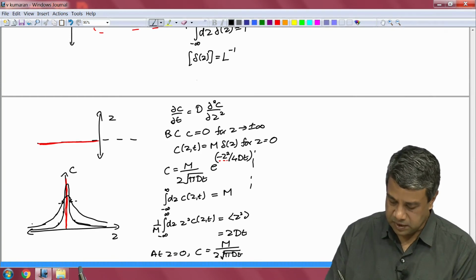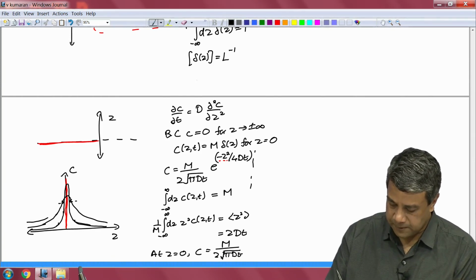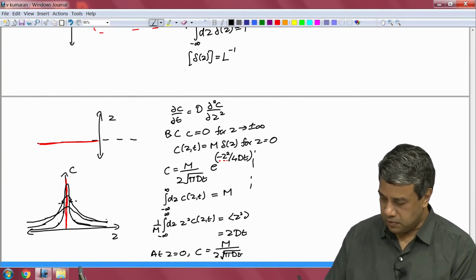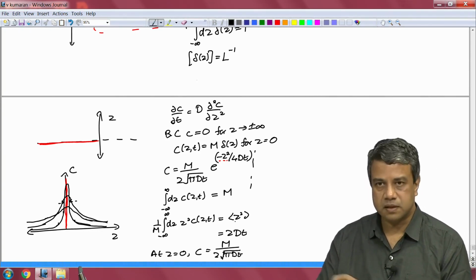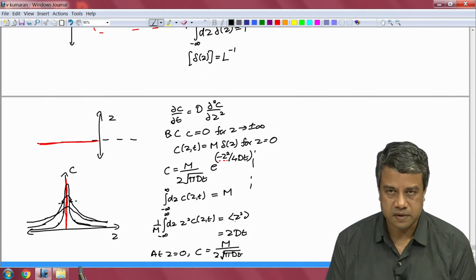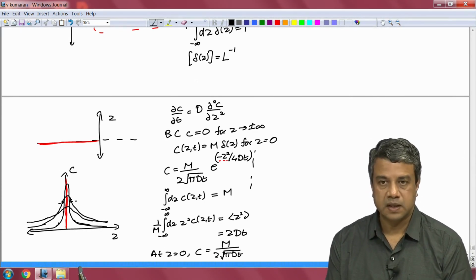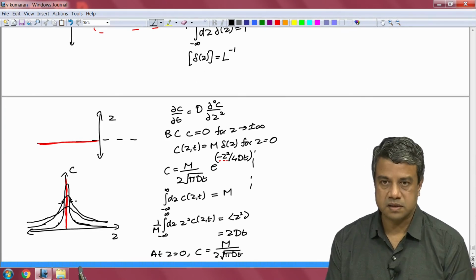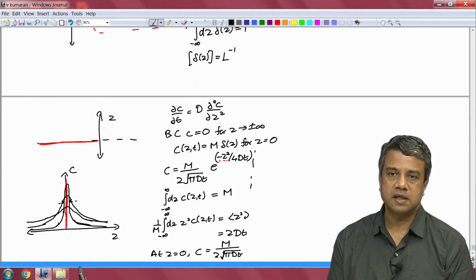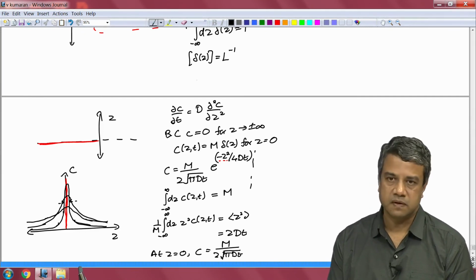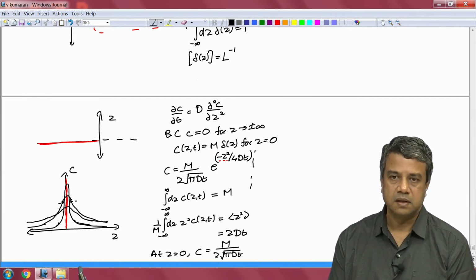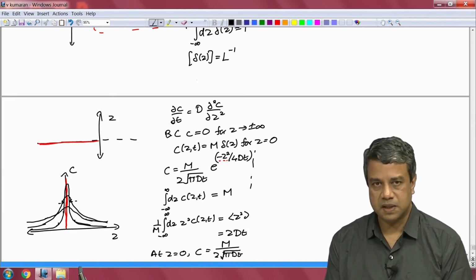The width increases proportional to square root of t. The width, which is the square root of z square, the standard deviation, increases proportional to square root of t. The maximum height decreases proportional to 1 over square root of t, in such a way that the area under the curve is a constant, equal to the initial mass that was injected.